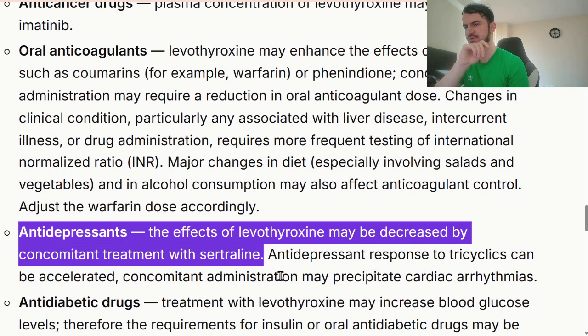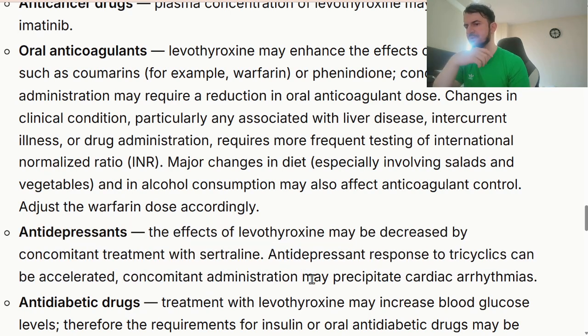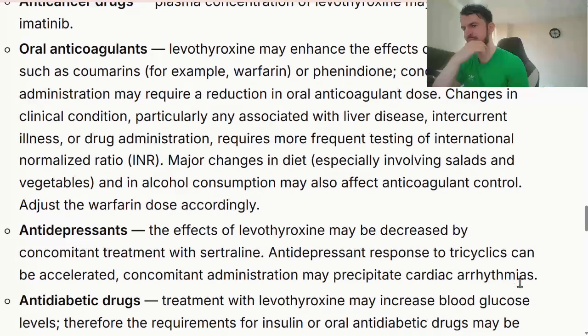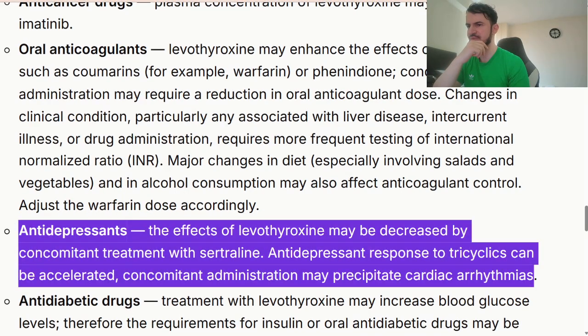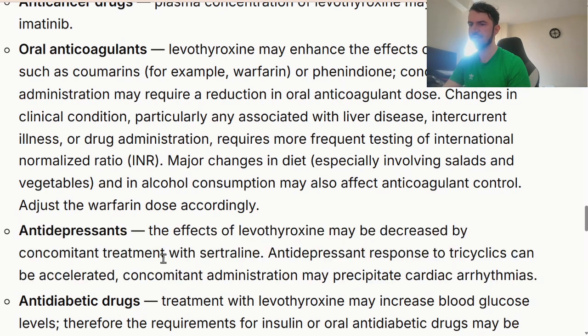Antidepressant response to tricyclics can be accelerated, as we mentioned in the previous video, and concomitant administration may precipitate cardiac arrhythmias. We've talked about the fact that in pharmacy, anything to do with thyroid levels or fluctuation of thyroid levels would lead to cardiovascular issues. So concomitant administration with tricyclics may precipitate a cardiac arrhythmia, and that is a very crucial point to talk about.